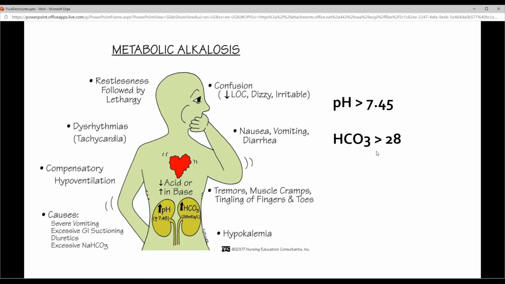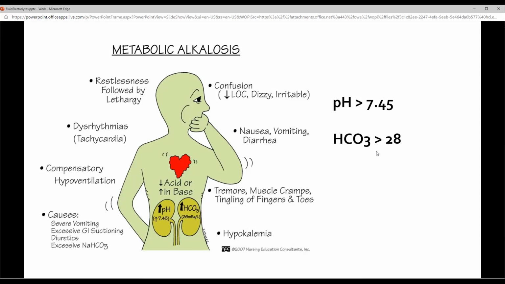Maybe they're in the hospital and they're getting IV bicarb for some reason. Maybe they were acidotic before and now we've over-medicated them with bicarb. But excessive GI suction and vomiting, anything like getting rid of that stomach acid, are going to be your main culprits.